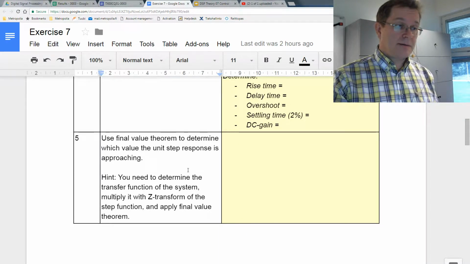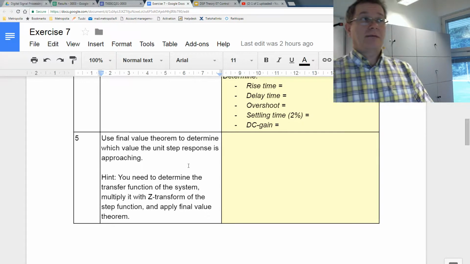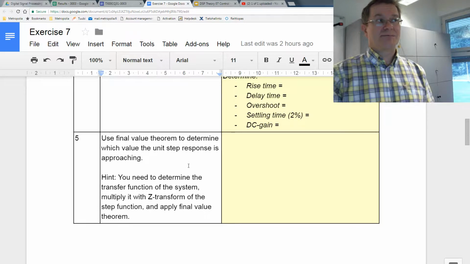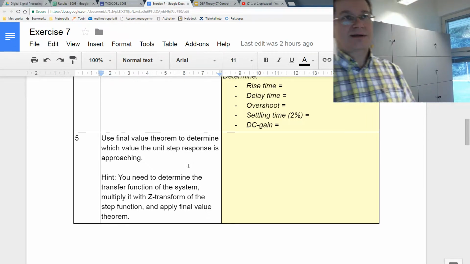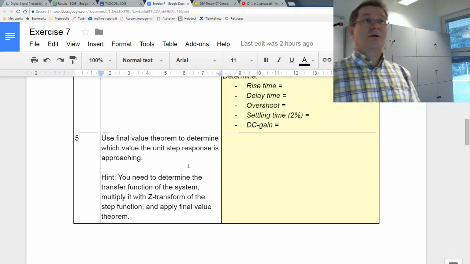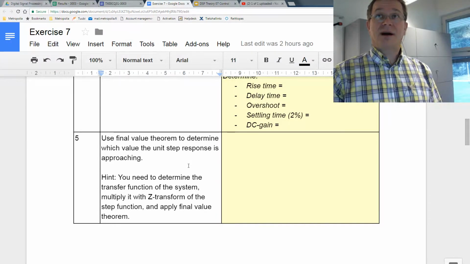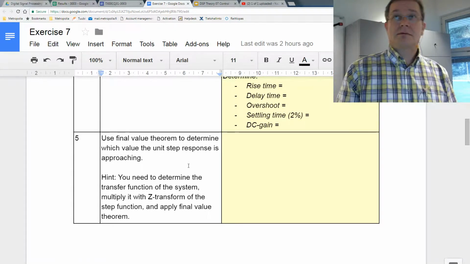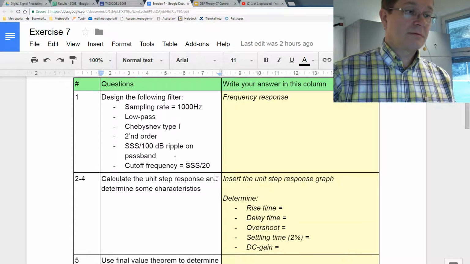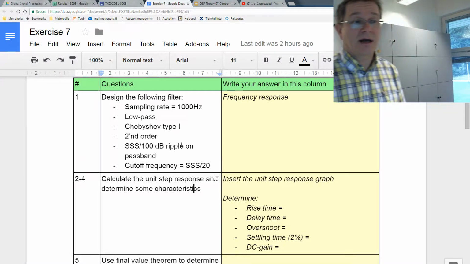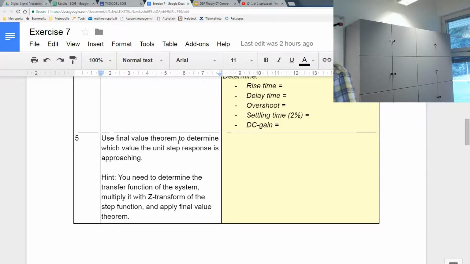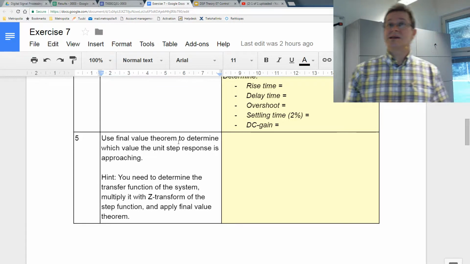Then the 5th one is paper and pen. Or actually there's also the symbolic mathematics in MATLAB, or also Octave. If you define a system just like that one here, this Chebyshev first type second order system, then you can also make the transfer function of the system quite easily actually.